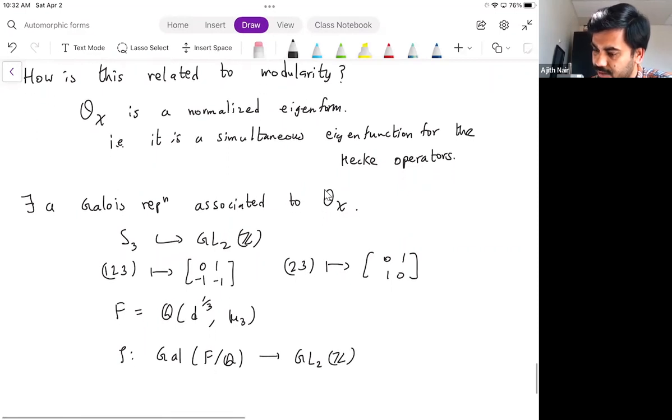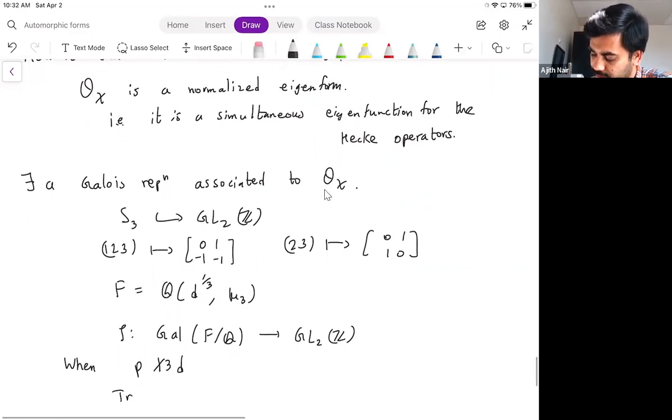in GL2Z. And when T does not divide 3D, the trace of this representation on the Frobenius element, Frobenius prime P, is going to be AP.